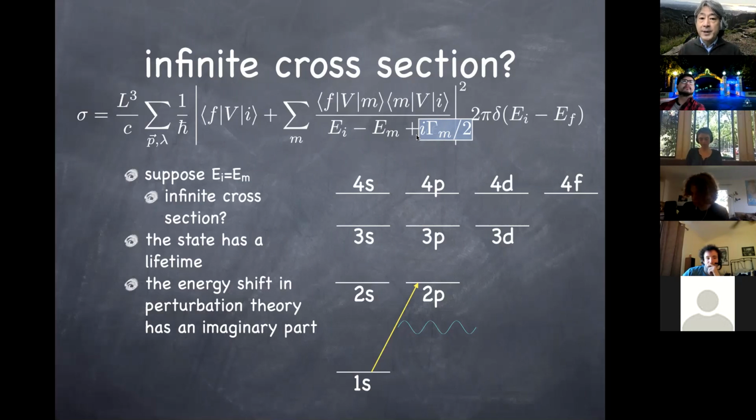So that is the behavior called resonance, for the reason I'm going to mention on the next 2 slides. But let me ask, do you have any questions about this argument, why an unstable state should have an imaginary part to its energy, which corresponds to the decay rate over 2? Any questions about this?